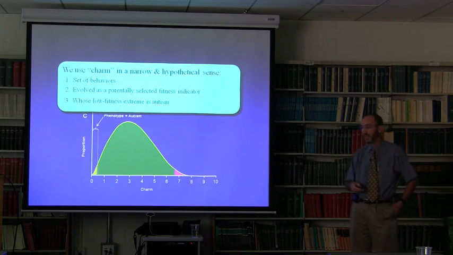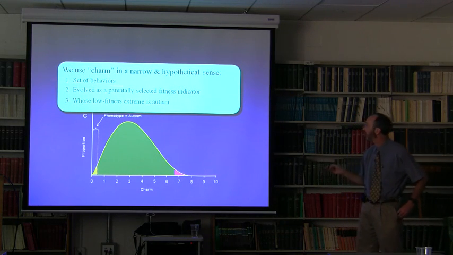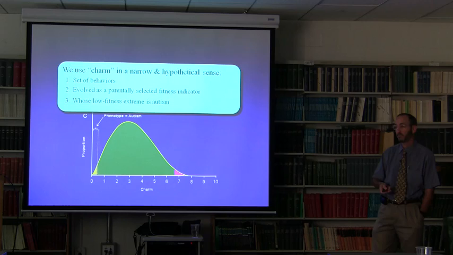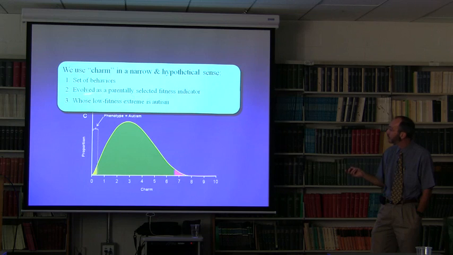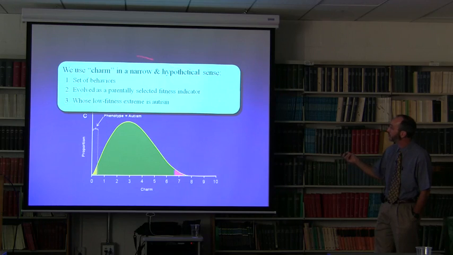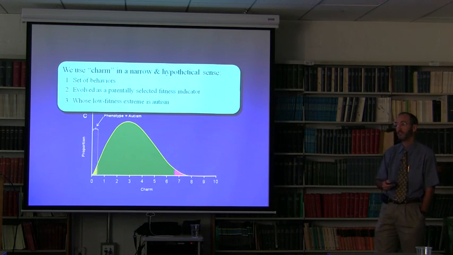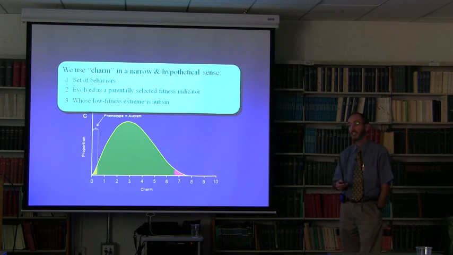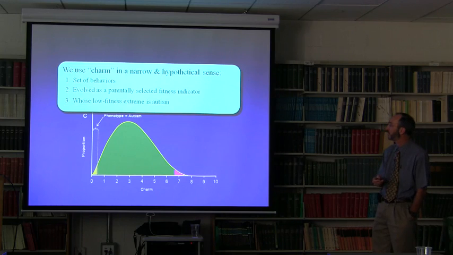But we want to reserve that term charm for now for a very narrow and hypothetical sense. By it, we simply mean a set of behaviors evolved as a parentally selected fitness indicator whose low fitness extreme is autism. And the hypothesis simply asks, if this were true, what would we expect of autism? And does it lead to any interesting explanations or predictions?